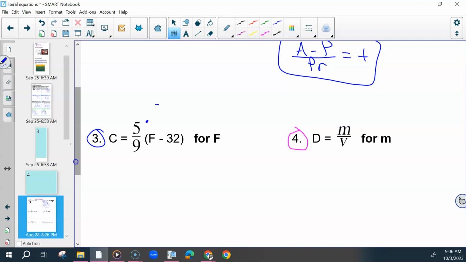I'm going to flip it and multiply on both sides, so that the 5/9 and the 9/5 cancel on the right. And we have 9/5 C. The parentheses drop.